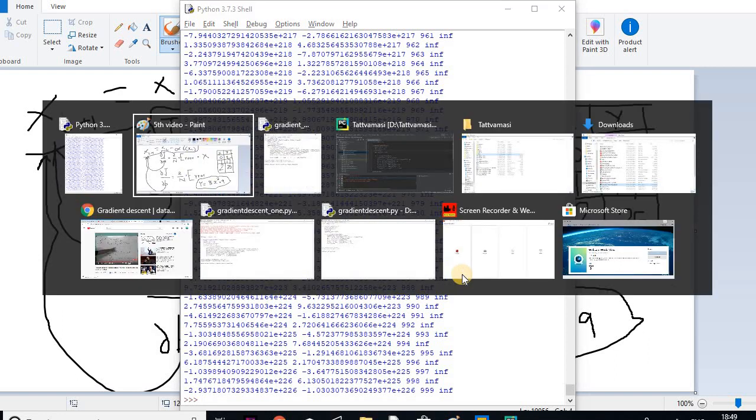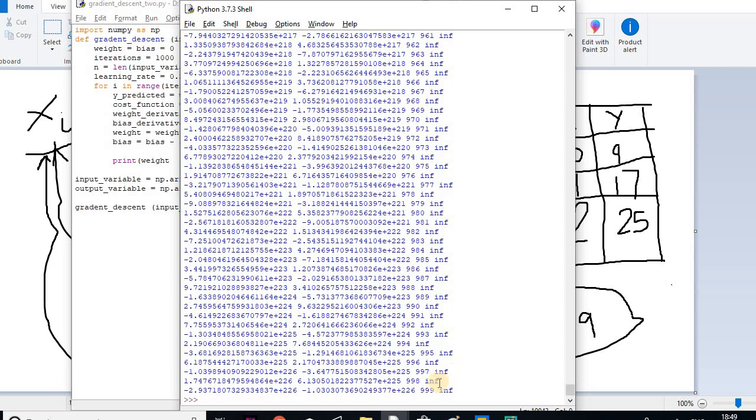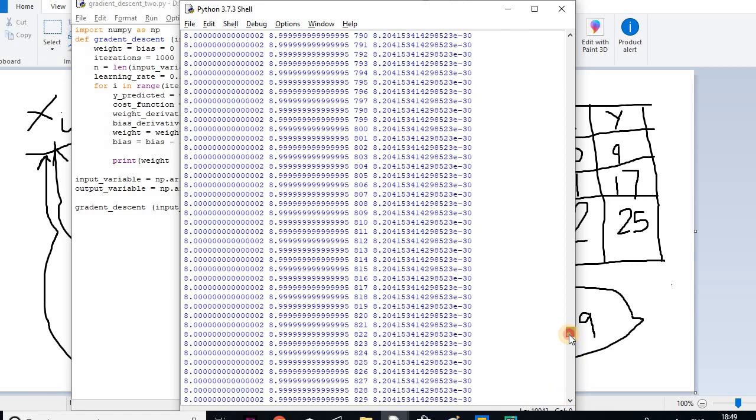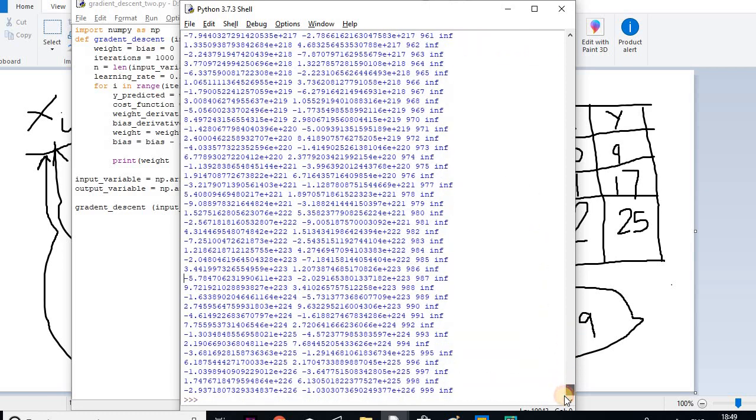It's not 8 and 9. It is giving a different result, and the cost function is increasing. In the beginning it was less, then finally it increased, and cost function increasing means again we need to change the learning rate. We need to minimize the learning rate.